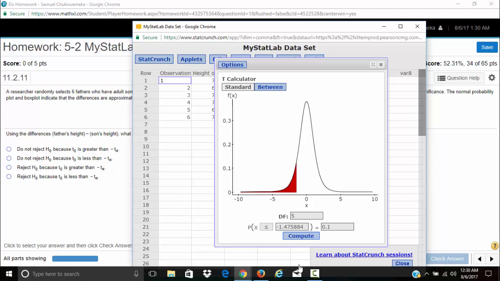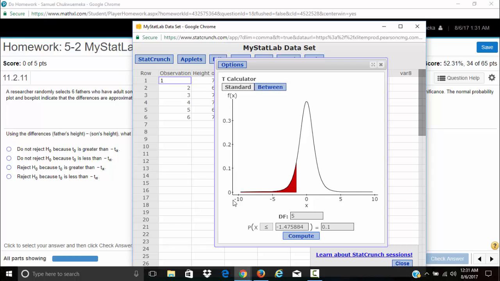Compute. So this gives us negative 1.475884. So you compare negative 1.50 and then negative 1.48, if you round it to 2 decimal places. Our critical T is negative 1.48. Our test statistic is negative 1.5.